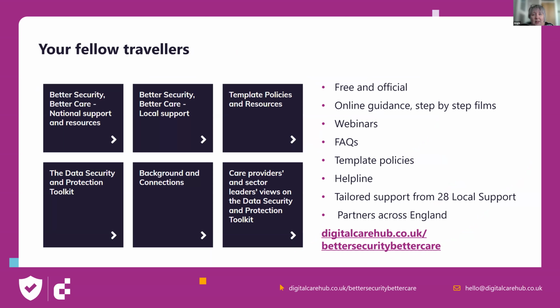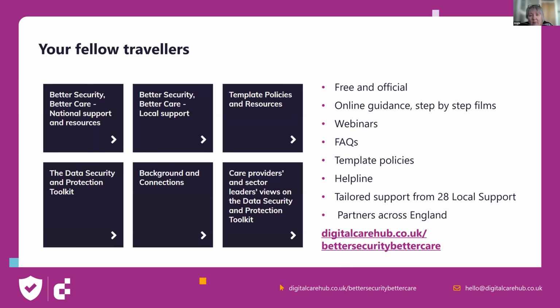Okay, so you're not alone. There's lots of other people out there and there's lots of help. So the Better Security, Better Care website, Digital Care Hub website, has plenty of help there. We have help, we have templates, there's all sorts of things there. And there's also a helpline.